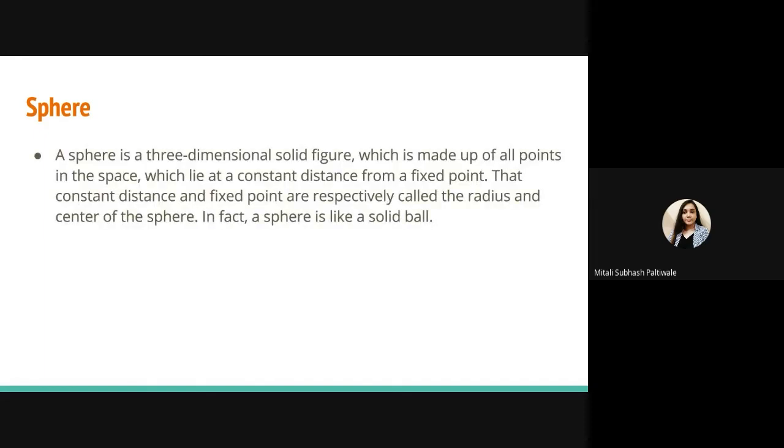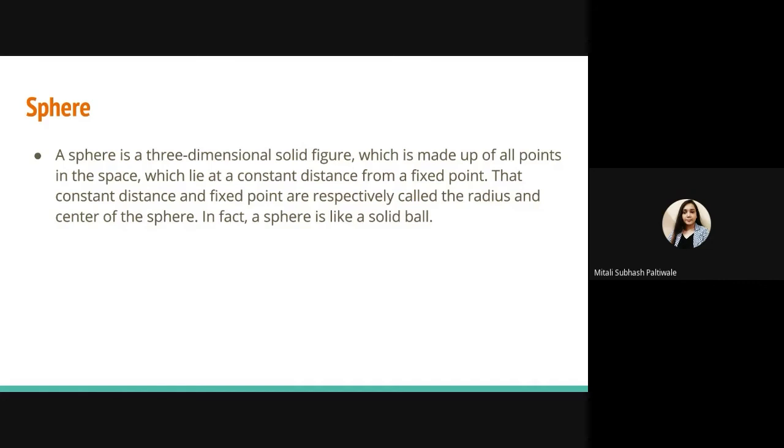Now, sphere we have seen many a time, as in we have seen some balls, metal balls or something. Those are nothing but spheres. So a sphere is a three-dimensional solid figure which is made up of all the points in space which lie at a constant distance from a fixed point.